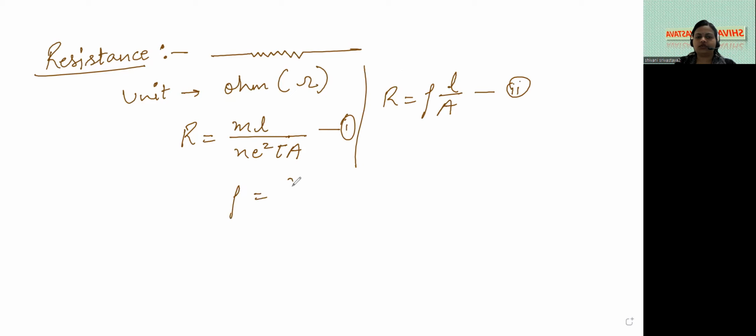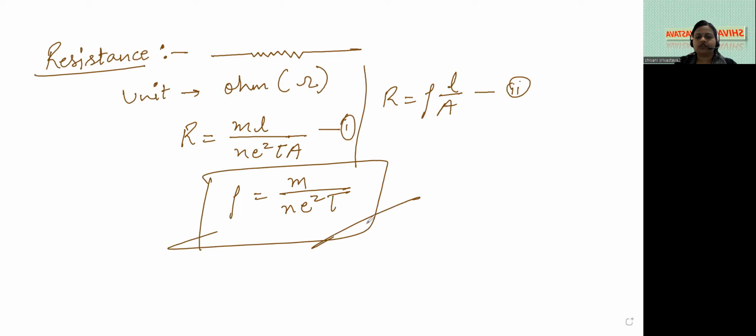Rho is equal to m upon n e square tau. So this is rho.